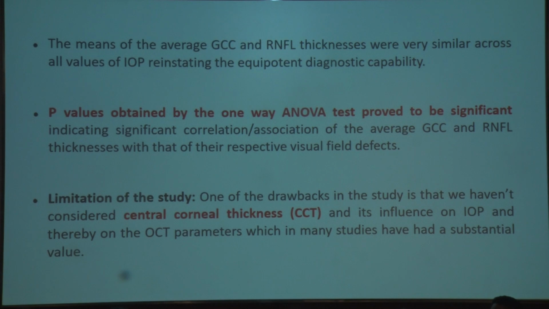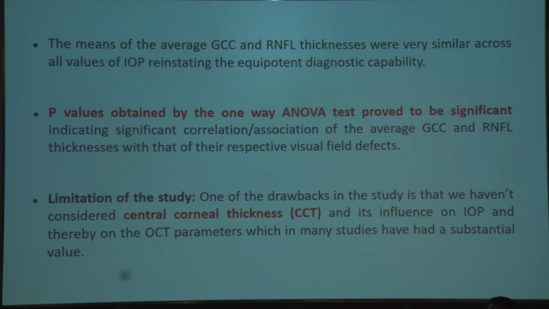The means of the average GCC and RNFL thicknesses were very similar across all values of IOP, reinstating the equipotent diagnostic capability. The p-values obtained by the one-way ANOVA test proved to be significant, indicating that there is significant association or correlation between the GCC and RNFL thicknesses and the respective visual field defects, which was again reinstated by the post-hoc analysis as well.